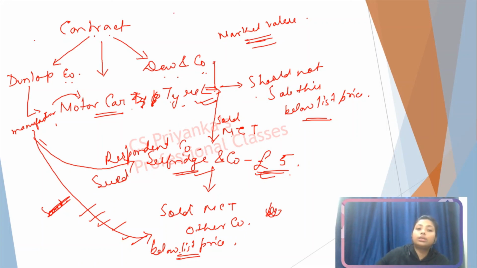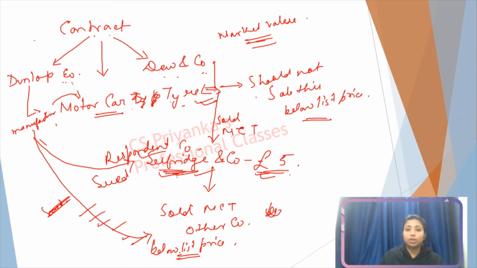Now the court said that Dunlop Company cannot sue the respondent company, that is Selfridge and Company. That means Dunlop Company cannot file any case against Selfridge and Company because there is no valid contract between Dunlop and Selfridge.